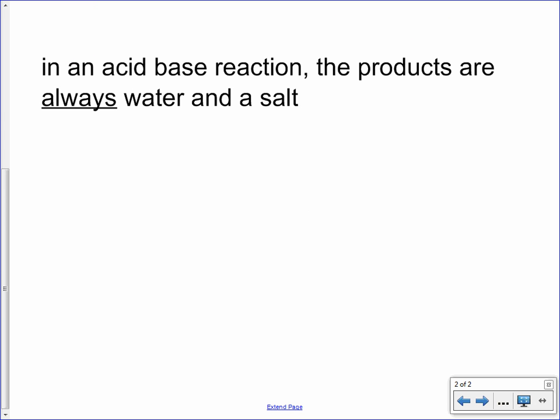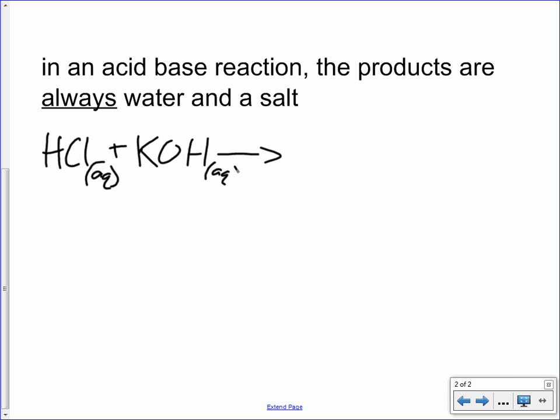So let's try another one. Let's do a fairly similar one. Hydrofluoric acid and potassium hydroxide. Okay? Both aqueous, dissolved in water. Alright, when they react, again, switch the cations or switch the anions, however you want to look at it. So we'll say we switch these two.